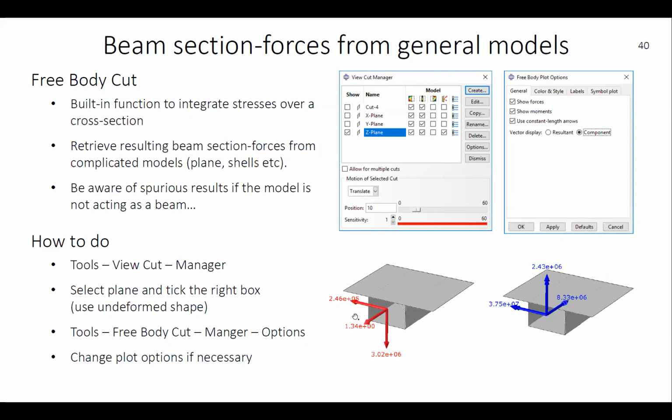And the values here are the extracted or the integrated values of those entities. So there's a procedure here on how to find that. It's called free body cut in Abaqus. So you can retrieve resulting beam section forces using either plane or shell elements. I think you can also do it for solid elements.